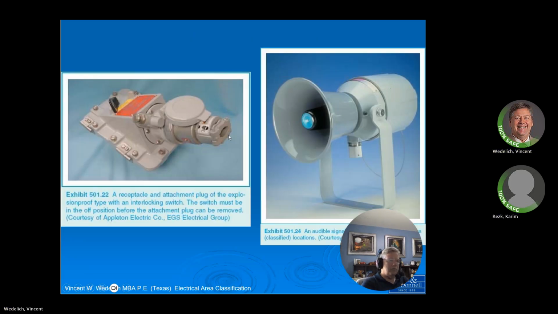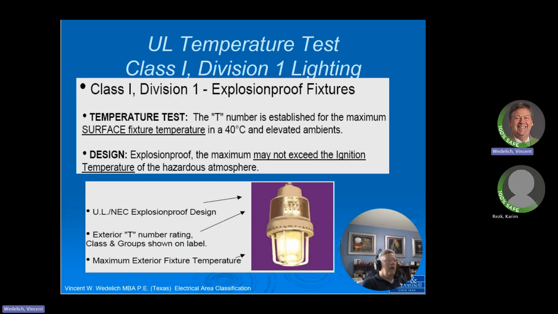Let's talk about temperature, right? We talked about Class 1, we talked about Div 1, we talked about all the different groups, but there's also a T rating. The T rating is called the temperature rating.